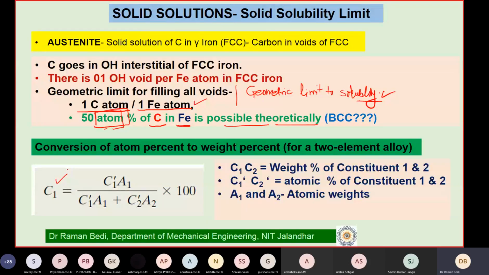Here, C1 and C2 are the weight percentages of constituents 1 and 2. C1 dash and C2 dash are the atomic percentages of 1 and 2, and A1, A2 are just the atomic weights.